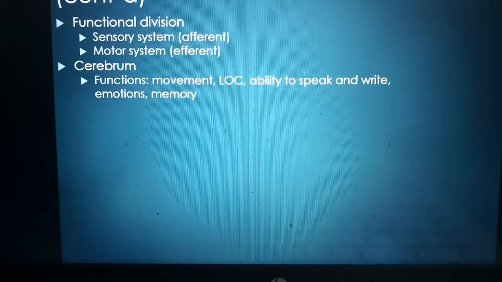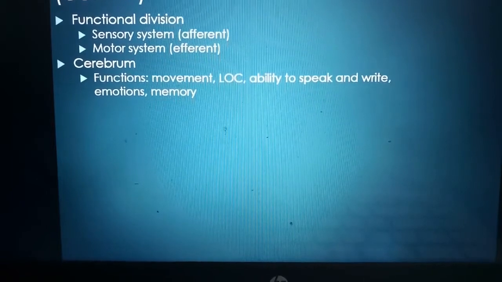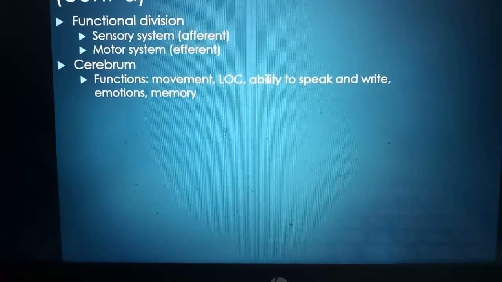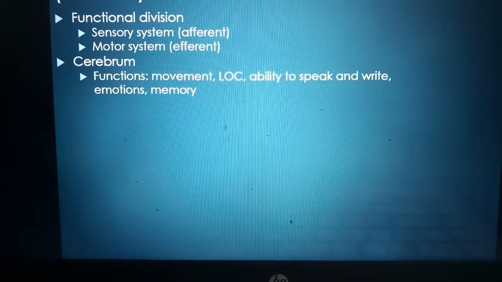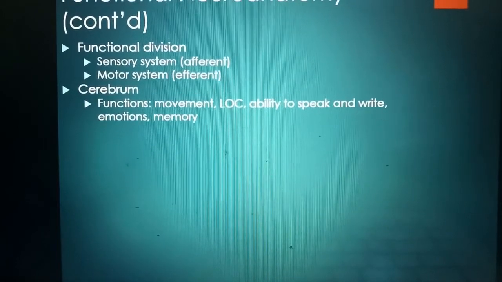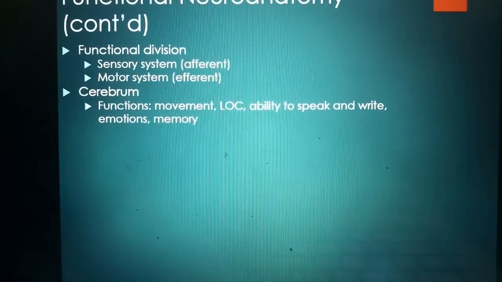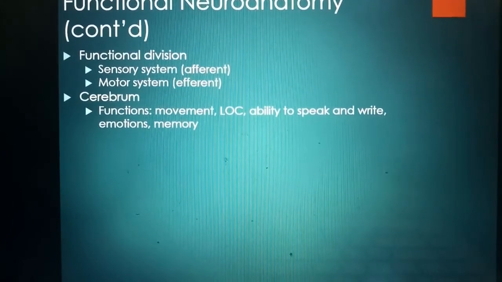And the cerebrum, what are its functions? The cerebrum is the main bulk of the brain. We have sulci and gyri, and each part of the cerebrum helps in moving various parts of the body. Our ability to speak, write, our emotions, memory, everything is controlled by the cerebrum.